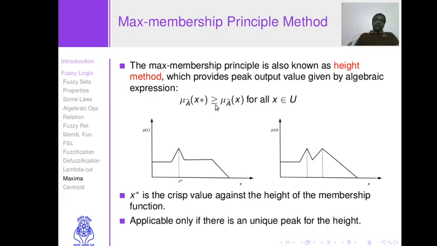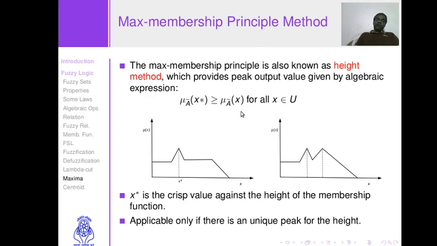Rather, it should be greater than, not equal to. So this method is very simple. Simply compare the degrees of membership of all the elements and take the element with the highest degree of membership, and that is produced as the crisp output value.